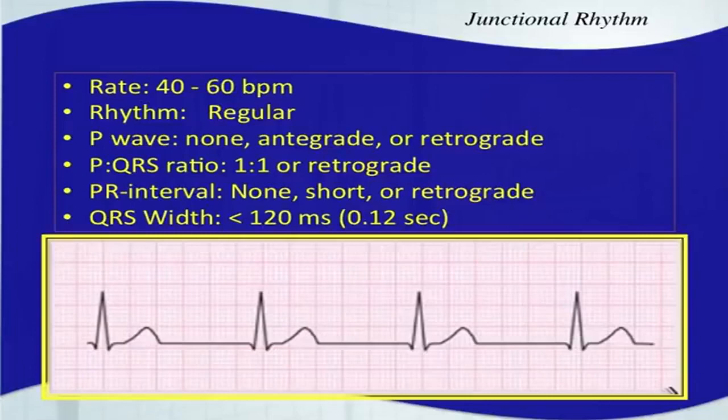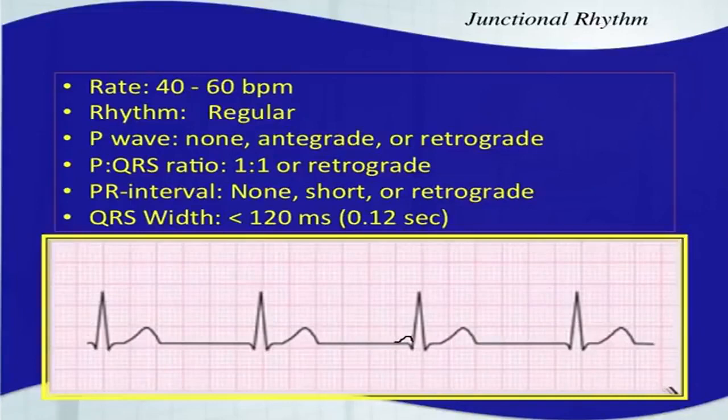It could be antegrade, meaning just like a sinus rhythm, with a junctional rhythm you could have a P wave before the QRS, but it may be one of a few things. First off, it's going to have a shorter PR interval because of where it's originating. You're not going to have that AV nodal pause.